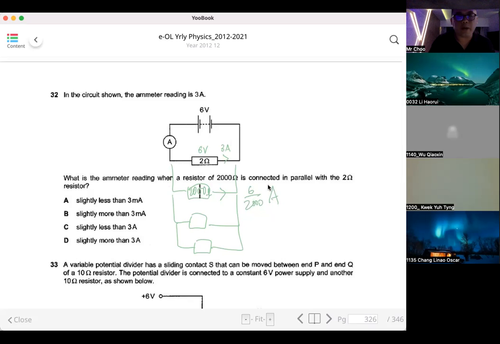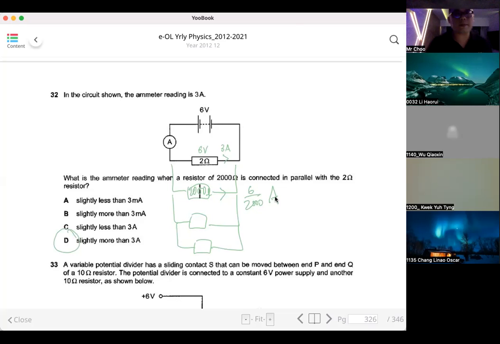The second branch, the current will depend on the load. The PD will still be 6, but if the load has a high resistance, the current will be small. So this ammeter will measure the combined current of all the branches. Since the first branch is 3 ampere and the next branch is a small current, the answer here is D. Okay, are you clear about the concept?